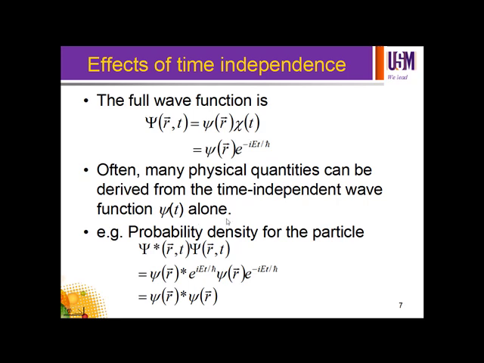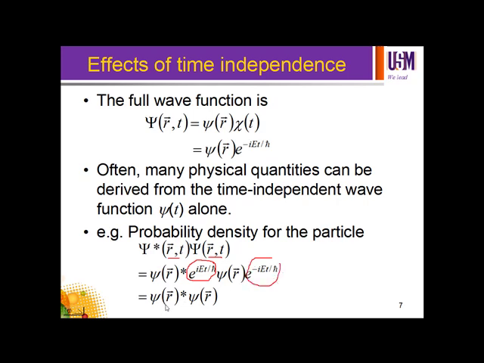Example, probability density for the particle. Okay, probability density is defined as the capital psi conjugate multiplied by capital psi. When you have capital psi, you have two variables r and t. But when you put in the value of the full wave function, the exponents basically cancel each other.